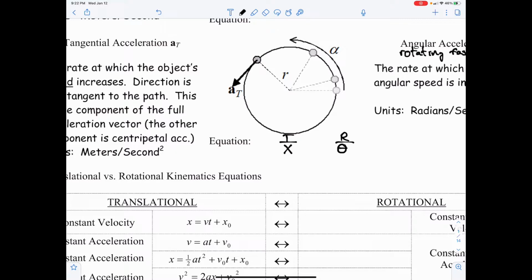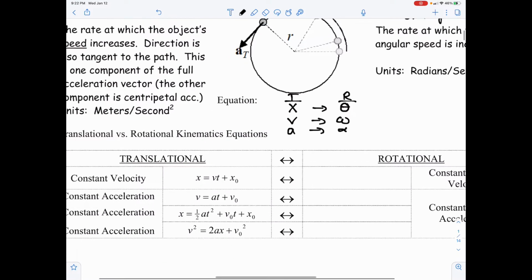So every time we see an x, we're going to change it to a theta. v is translational velocity. That is going to be replaced with angular velocity, or omega. a is acceleration. That's going to be replaced with alpha, which is angular acceleration. So we're going to be swapping those three variables. Now, time has no direction, so time is still time. Okay, so let's see how all this works.